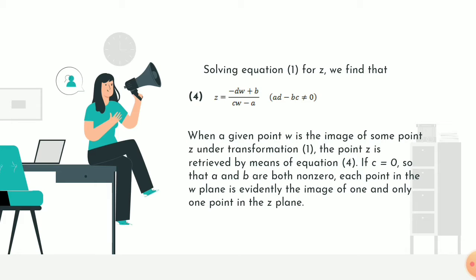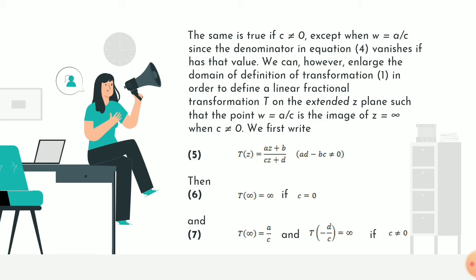If C equals 0, so that A and D are both non-zero, each point in the W plane is evidently the image of one and only one point in the Z plane. The same is true if C is not equal to 0, except when W is equal to A/C, since the denominator in equation 4 vanishes if W has that value.